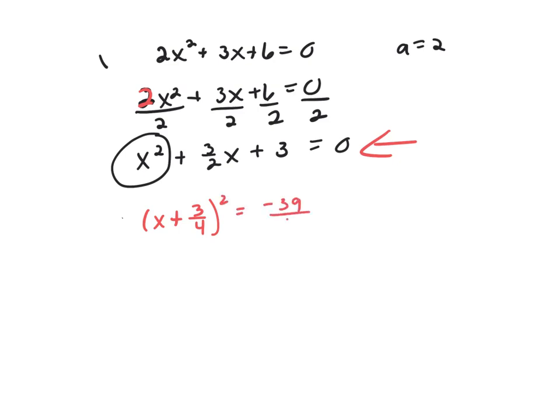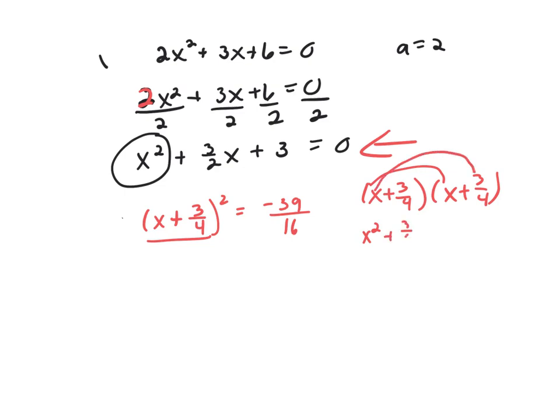And that is the same thing as if you square x plus 3/4 times x plus 3/4, you get x times x is x squared. X times 3/4 is 3/4 x. And then 3/4 times x is 3/4 x. And then 3/4 times 3/4 is 9/16 equals negative 39 over 16.